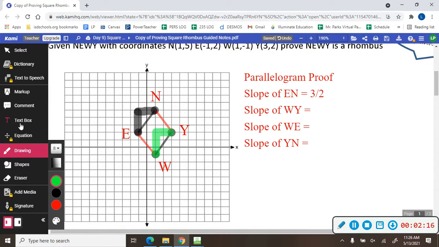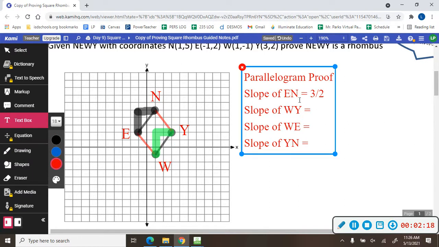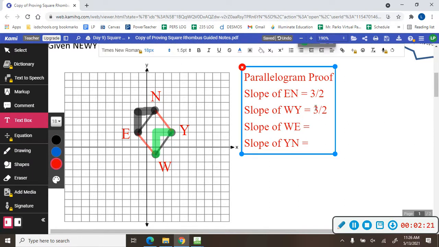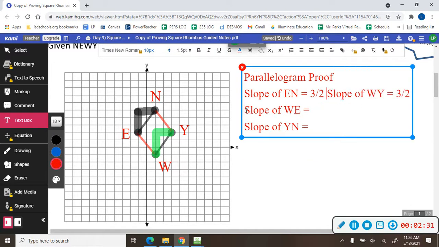So I'd say WY is also 3 over 2. That's a good first step. We made sure that EN and WY are the same slope. Because to prove a parallelogram, we need to prove that the slope of EN equals the slope of WY, and we just did. They're both 3 over 2.